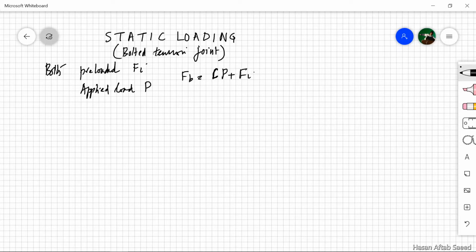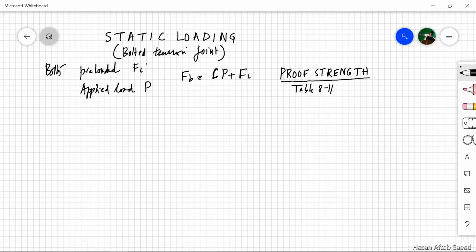When we talk about the strength of the bolt, there's something called proof strength, which can be read from Table 8.11 against the grade of the bolt that you are dealing with.